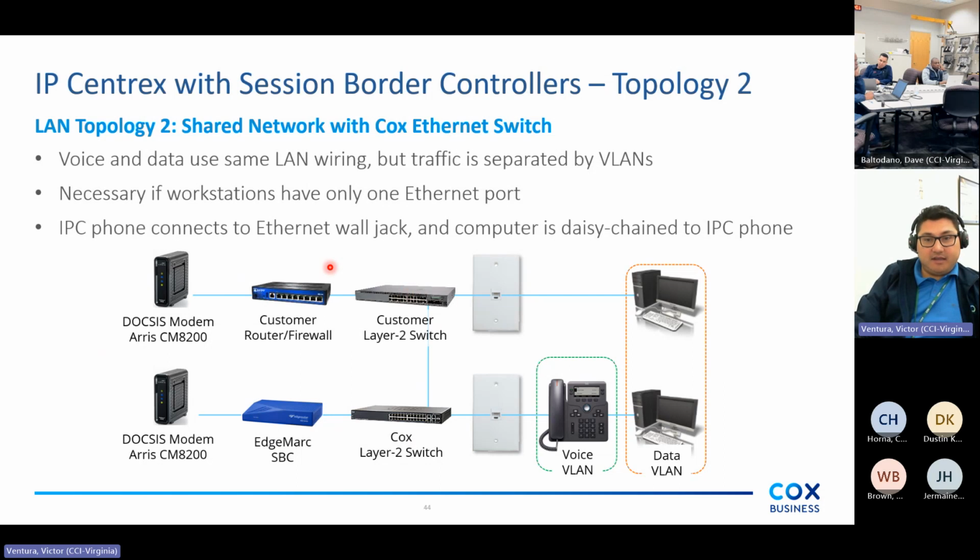There's nothing that a Cox technician will do on the customer's network. All of our configuration and troubleshooting is on our network. So the sales engineer is going to have that conversation with the customer and the customer's IT: what are the expectations of settings that need to be on their network?